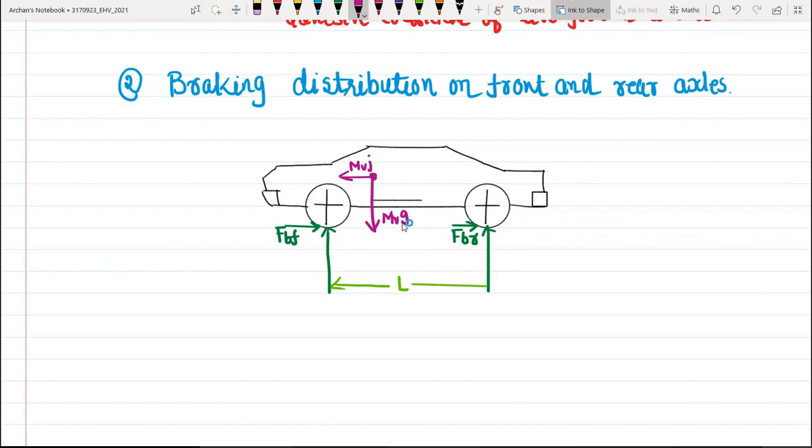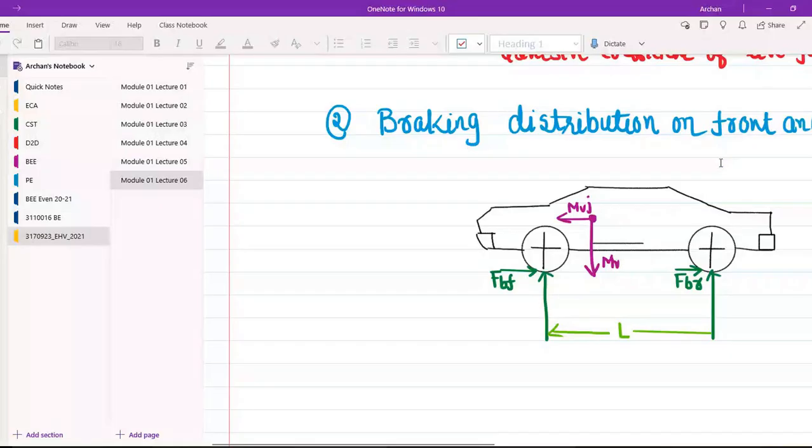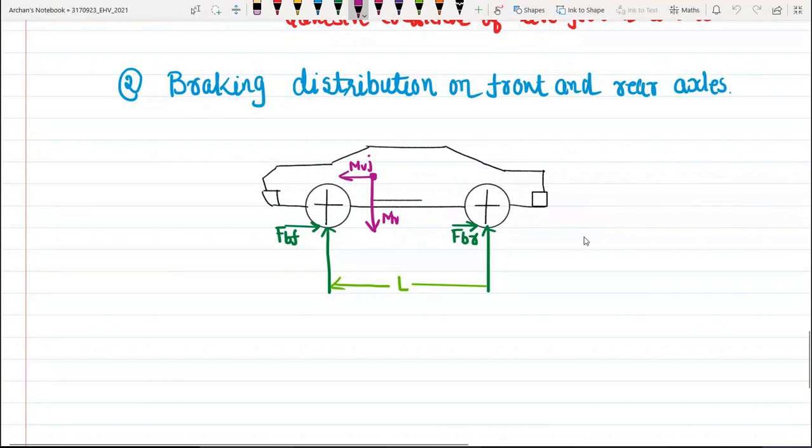Okay, so this particular length is LA, and this will be length LB.